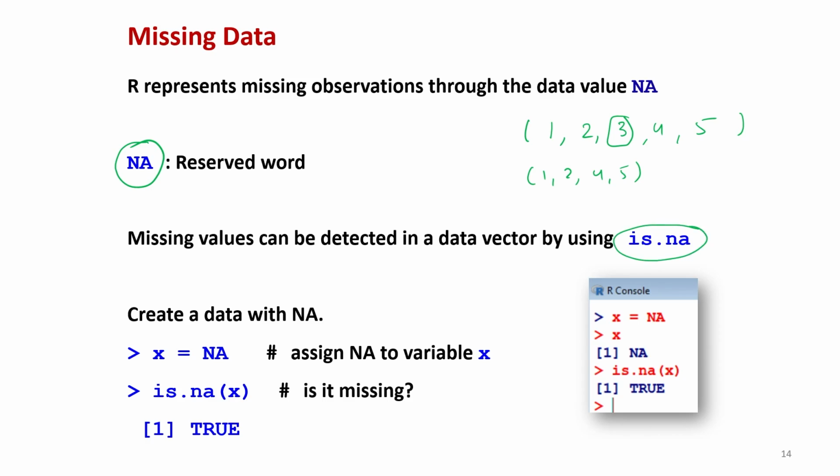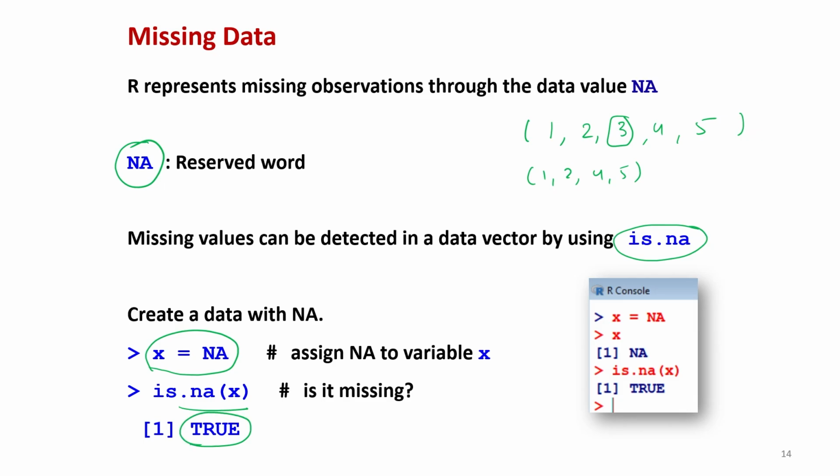To explain the utility of this function, let me create a variable whose value itself is NA. I want to know whether in this variable there is any value which is missing. So I will write is.na, and inside the parenthesis x, the data vector, and the answer comes out to be TRUE. Capital T, capital R, capital U, capital E.